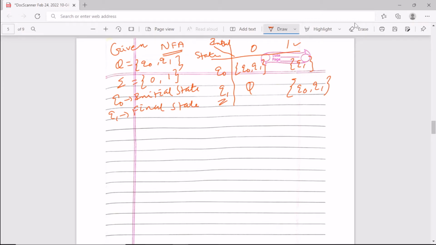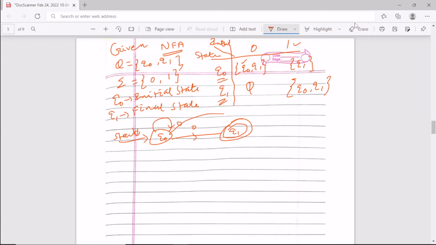For this, let me construct the NFA. What is the initial state? Q0 is your initial state. An arrow labeled start indicates the initial state. Now in Q0 if you read 0, either you stay at Q0 or you can go to Q1, and Q1 is the final state, so you represent it with two circles. By reading 1 in state Q0, you move on to Q1.